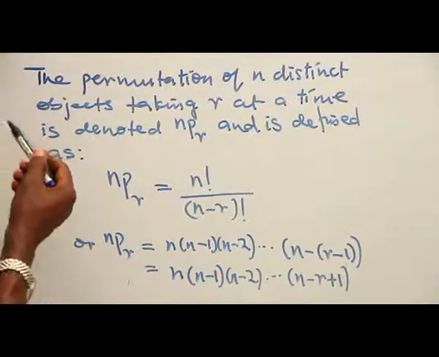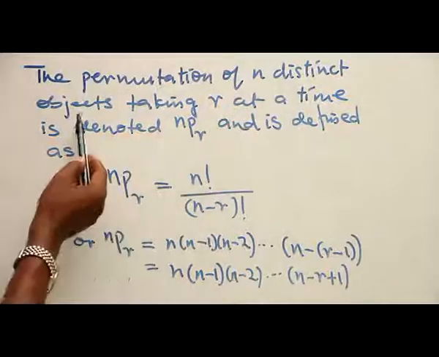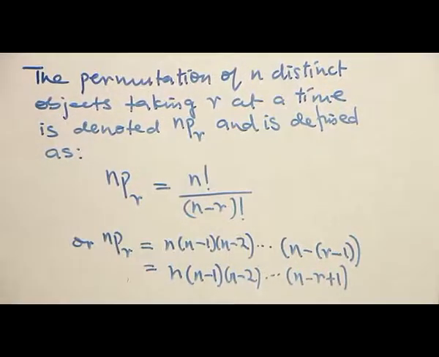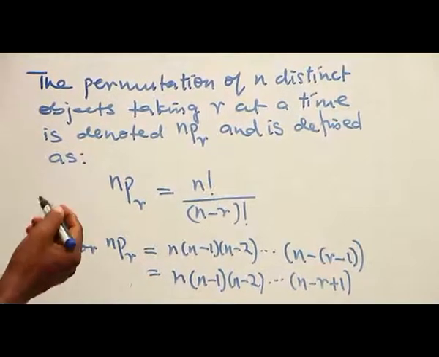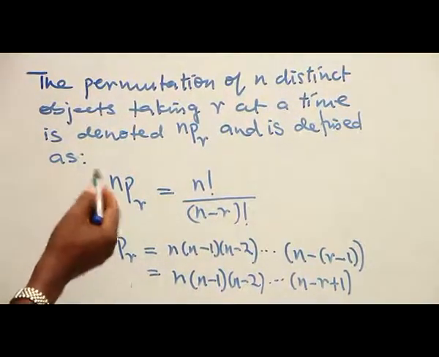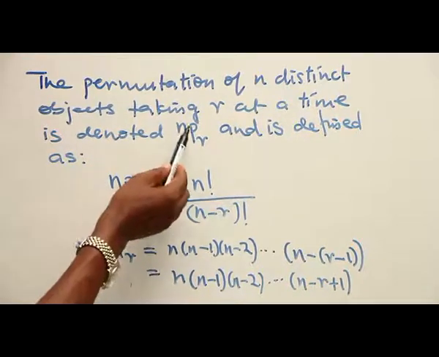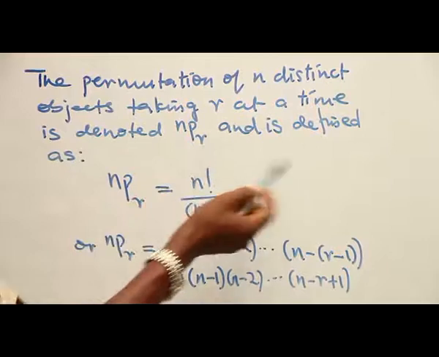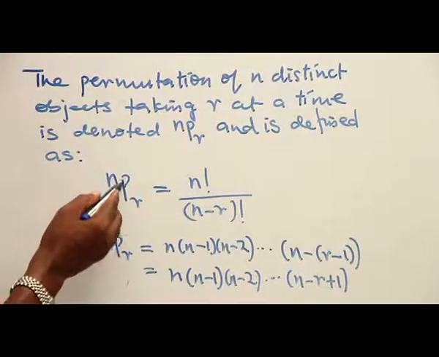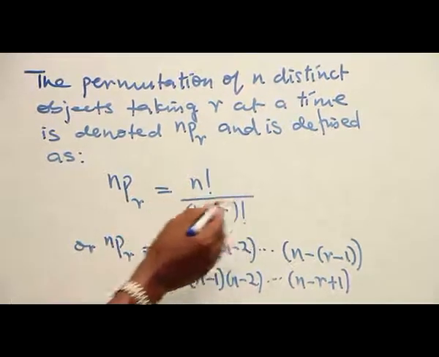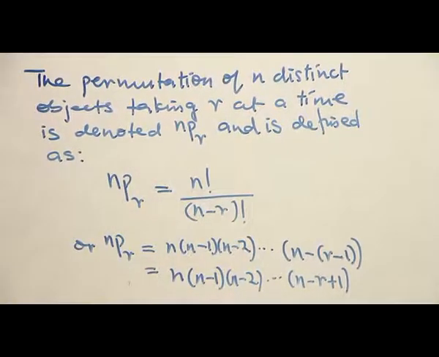Now we go into the permutation of n distinct objects, taking r at a time. We're now trying to look at a formula that will be used in carrying out permutation. This is denoted nPr and is defined as n permutation r equals n factorial over n minus r factorial.